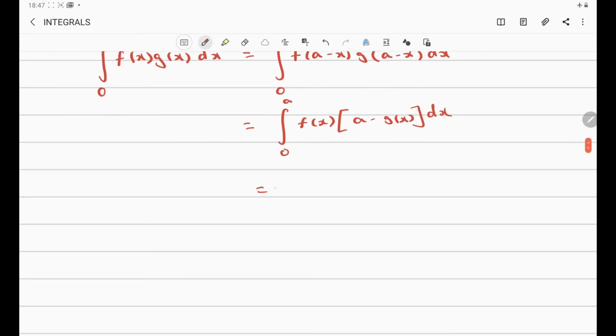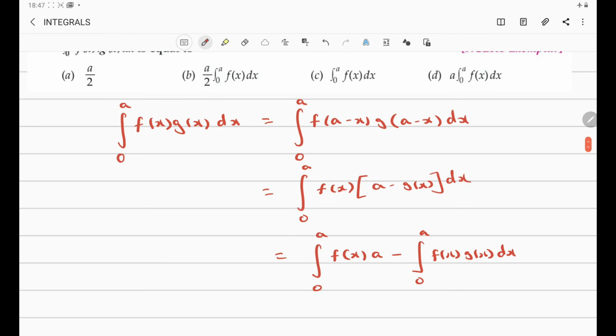So this can be further written as integral 0 to a f of x into a minus integral 0 to a f of x into g of x dx.